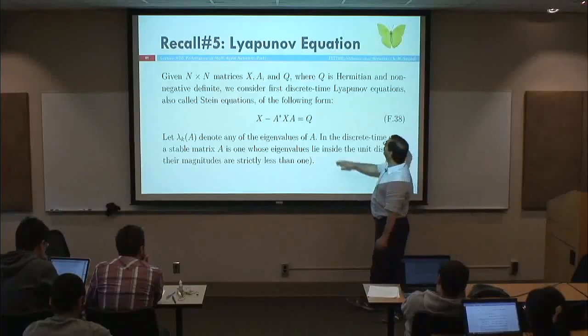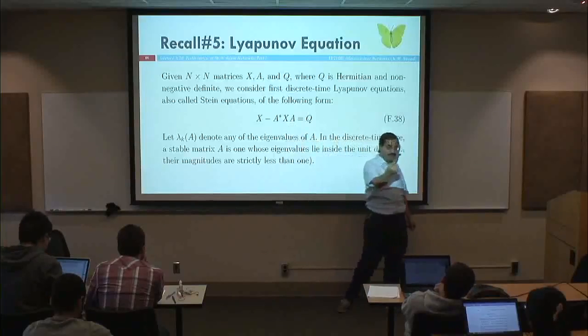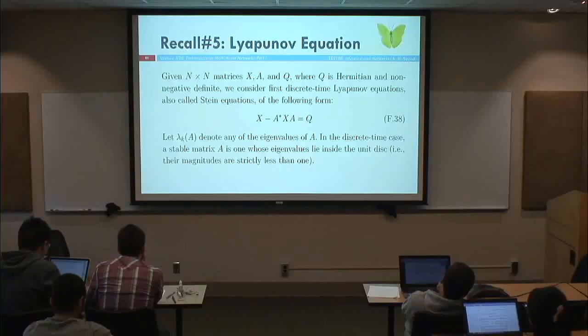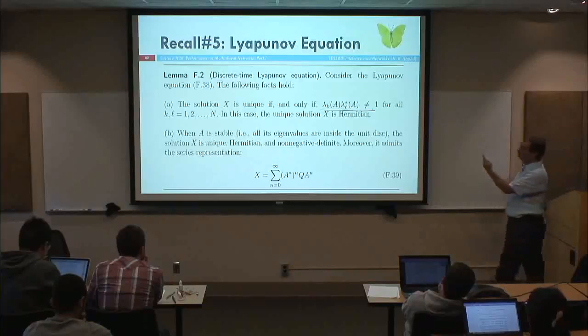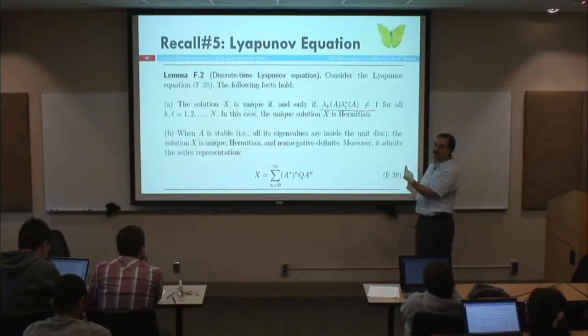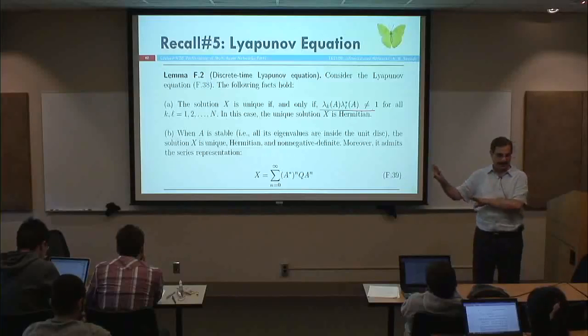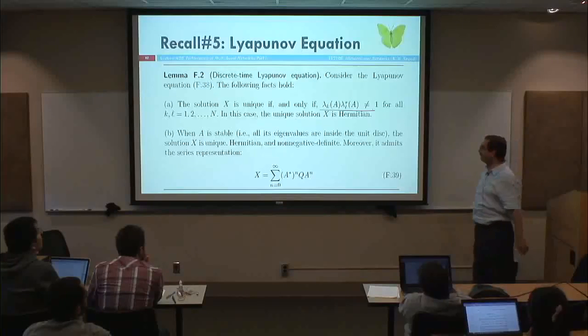So Q is Hermitian. If A is stable, it will have a unique solution. We already know that, and that's the situation we are facing. So if any pairwise product of the eigenvalues of A does not match 1, which is the case when A is stable, right? By the way, this A has nothing to do with the A from the combination policy. I'm just recalling a general result here.